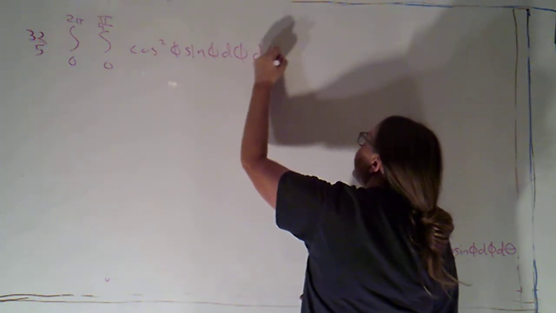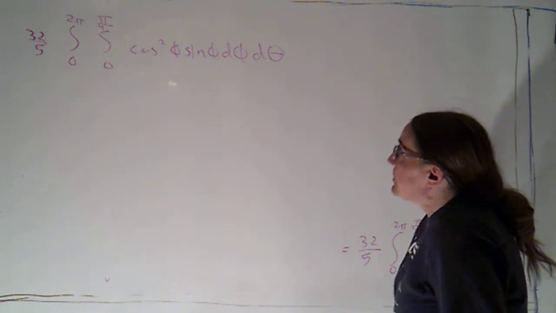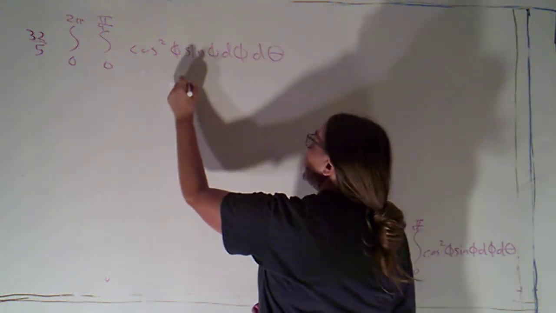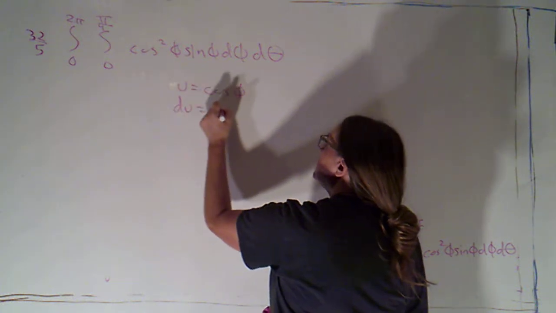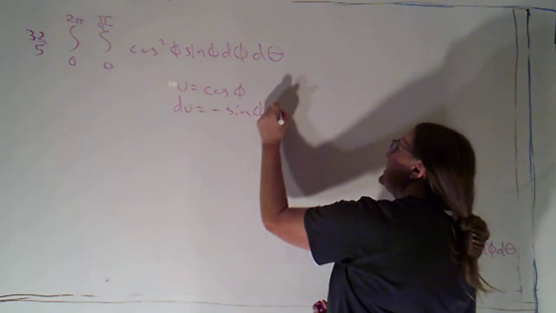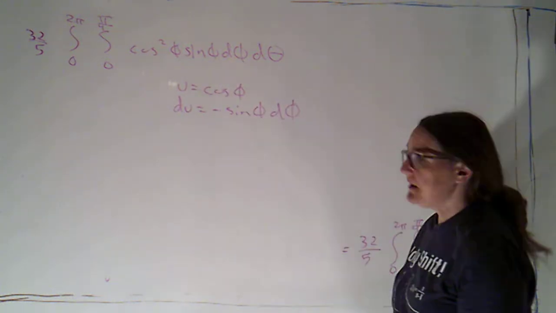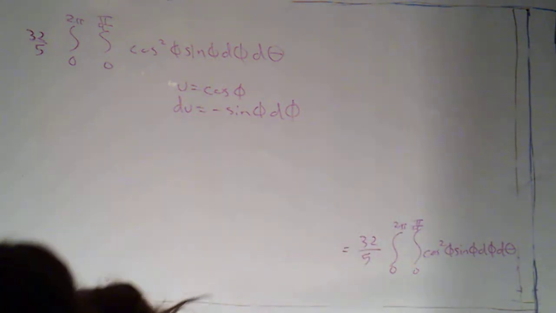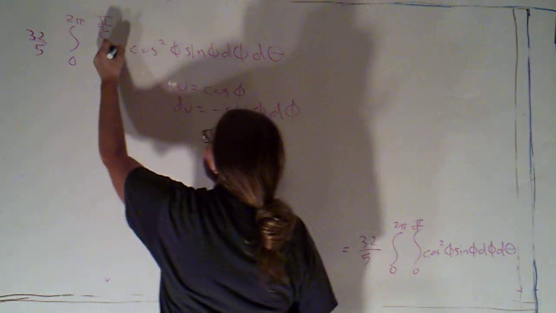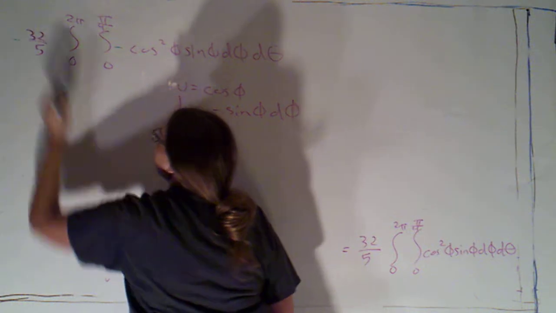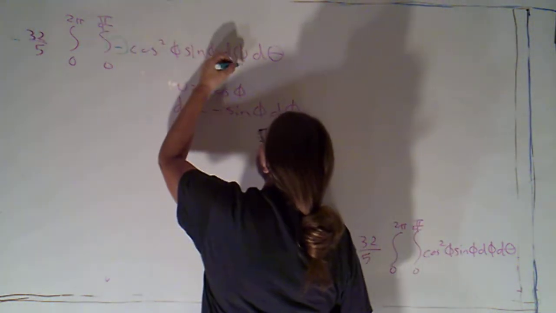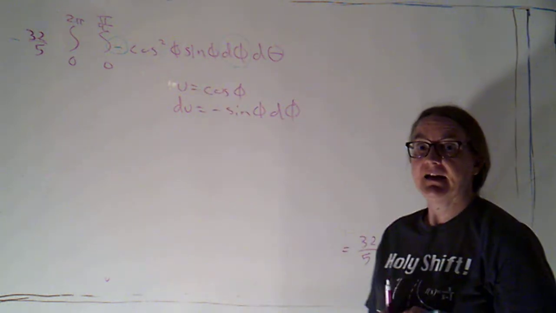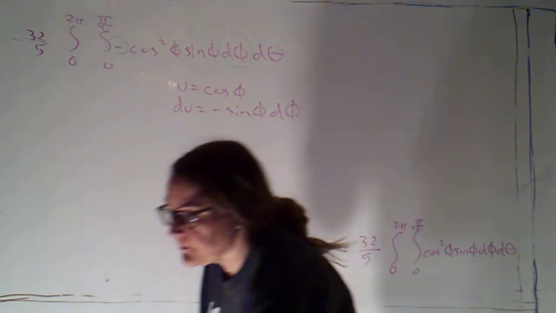d phi d theta. Looks like we want to do a u sub. Let's let u equal cosine of phi. Then du would be negative sine phi d phi. So I'm going to need to introduce a negative sign counterbalanced with a negative on the outside. And of course, this negative sign is just going to get absorbed with the d phi to become part of the du.